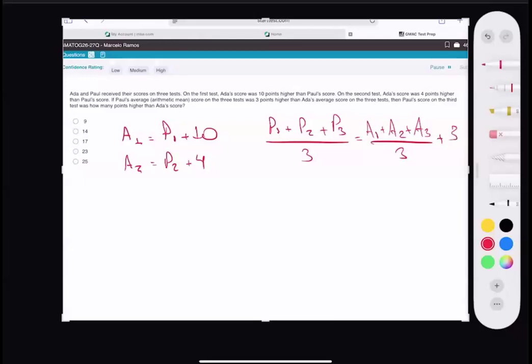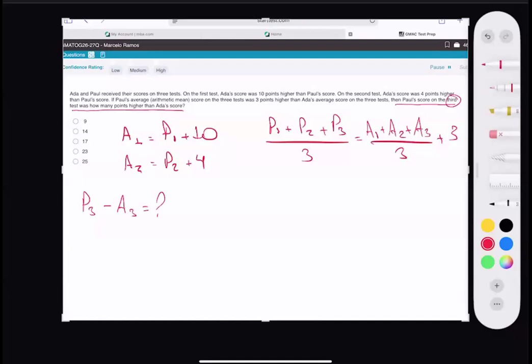Is that okay? Then Paul's score on the third test was how many points higher than Ada's score in the third test? So Paul 3 minus Ada 3 is how much?